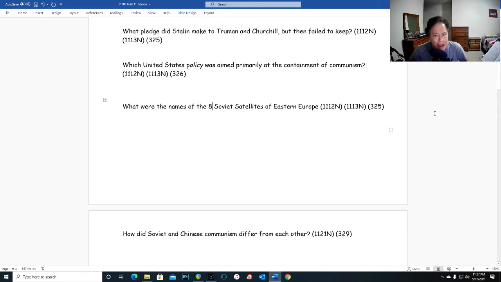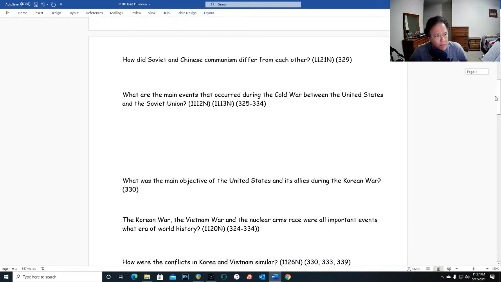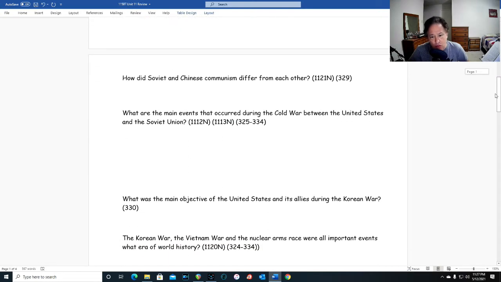And so how did the Soviet and Chinese communisms differ from each other? You had Soviet-style communism, and then in 1949, when China was taken over by Mao Zedong and went communist, they had a different style of communism based on the different conditions that were going on in China. The USSR emphasized the role of the industrial urban factory worker.